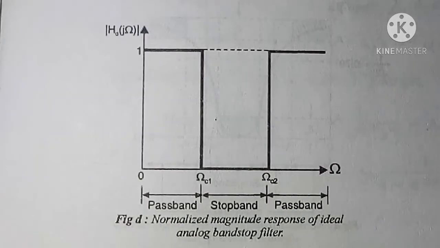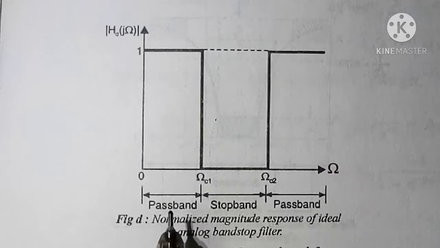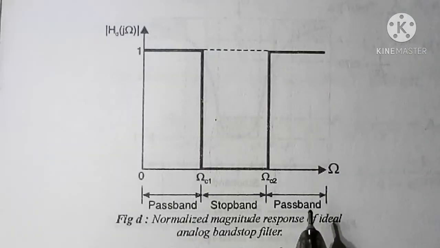So a bandstop filter has got two pass bands. You can see here is the first pass band and here is the second pass band.